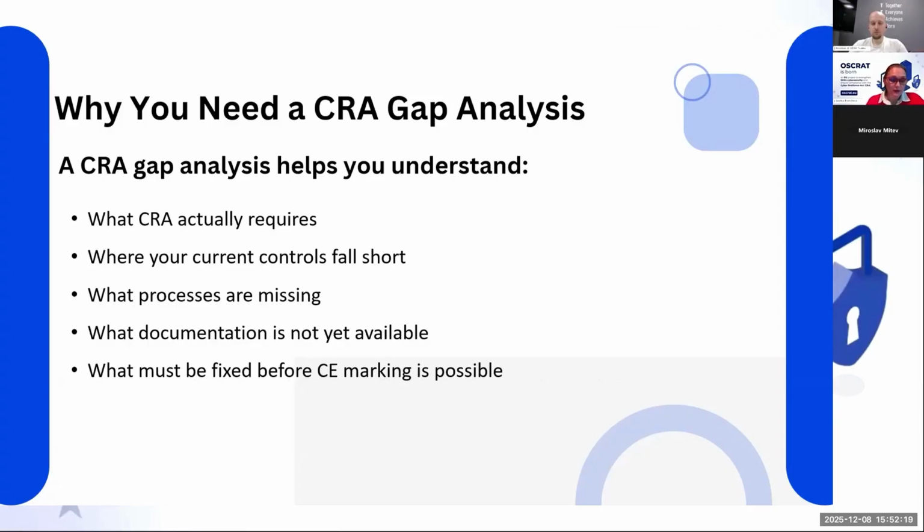A gap analysis is actually your reality check. It gives you clarity and shows what the CRA expects, what you already have, and what is missing. It also helps you avoid surprises later, especially during conformity assessment or before putting a product on the EU market.